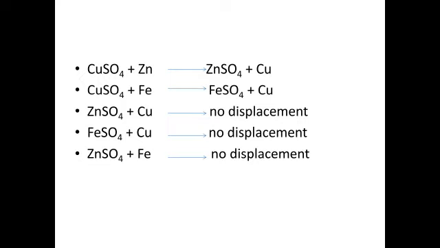The resulting solution is zinc sulfate. Here you can see CuSO4 plus Zn gives zinc sulfate, ZnSO4, plus copper.